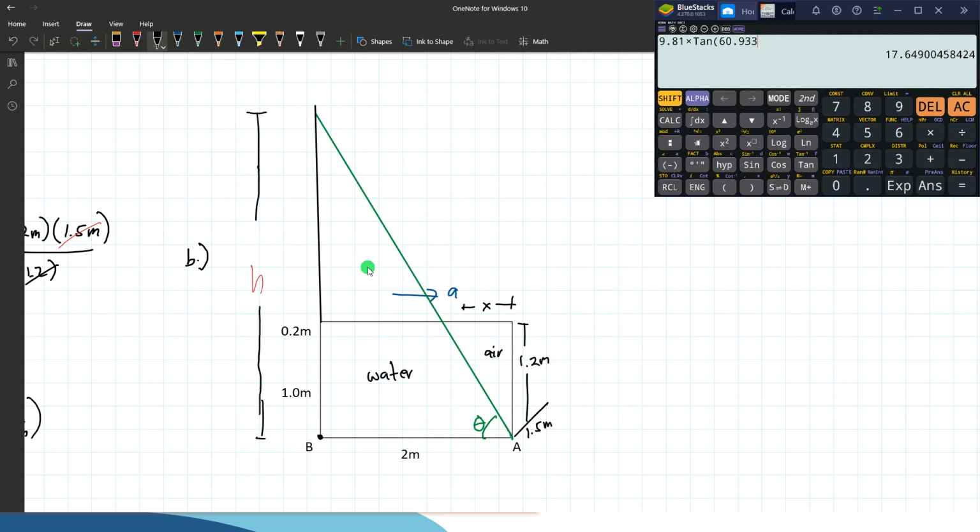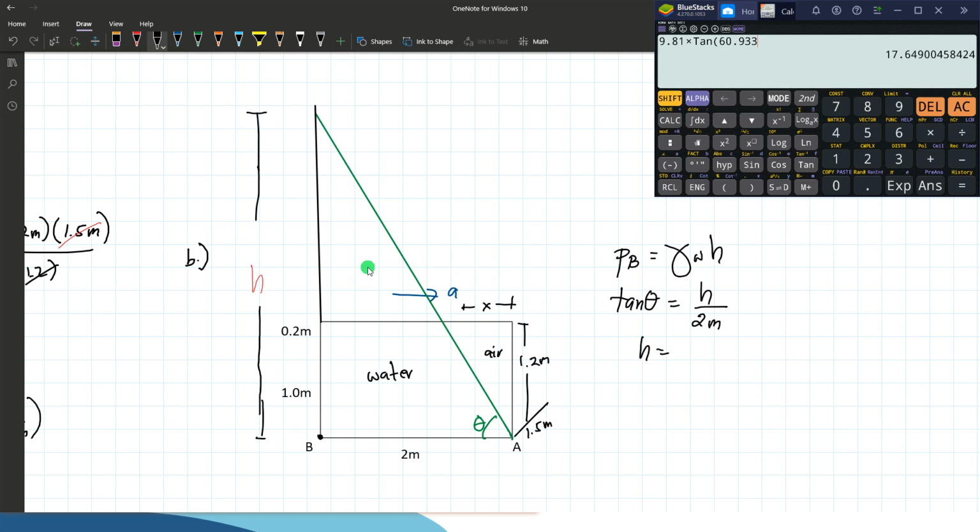So it means in a closed vessel, the pressure head at point B is more than as we compare to an open vessel. When we compute that, the pressure at point B is just the product of the unit weight of water multiplied by that distance h. To compute h, we use the tangent function: tan theta equals h over adjacent, which is 2 meters.